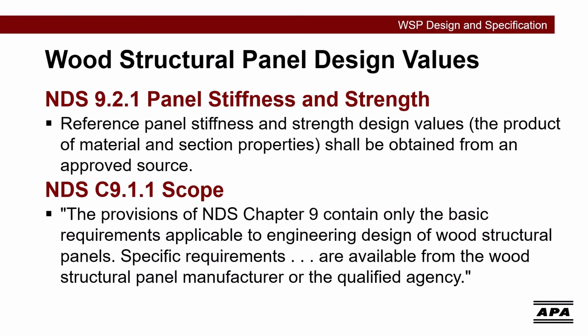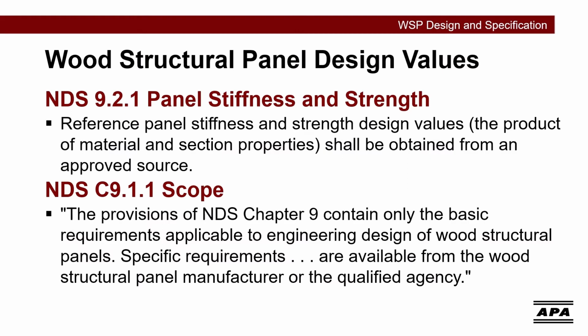When designing wood structural panels, it's important to know where to find the right reference values for panel stiffness and strength. NDS Section 9.2.1 makes it clear. These values must come from an approved source. The commentary for NDS Section 9.1 explains that Chapter 9 provides only the basic engineering design requirements for wood structural panels.